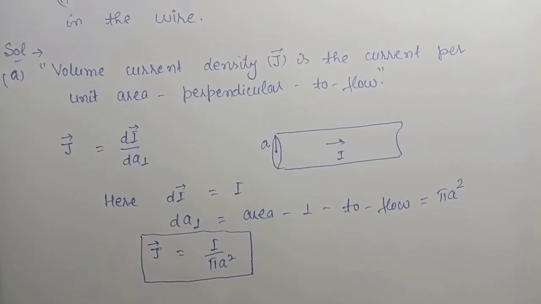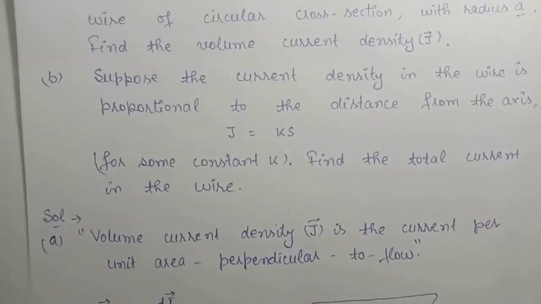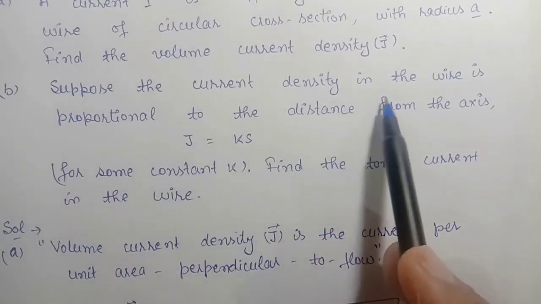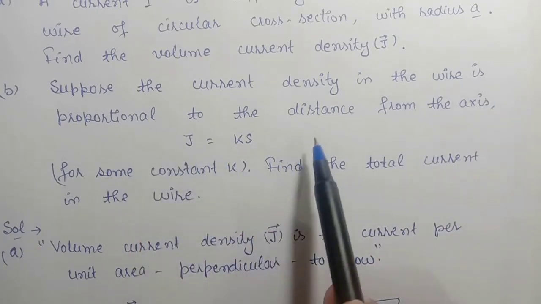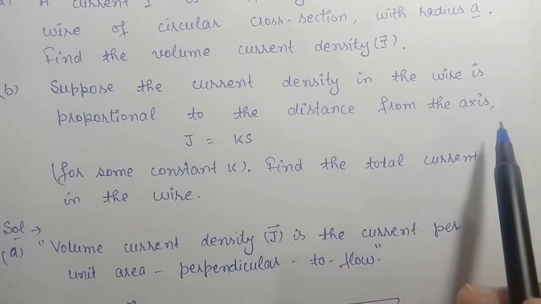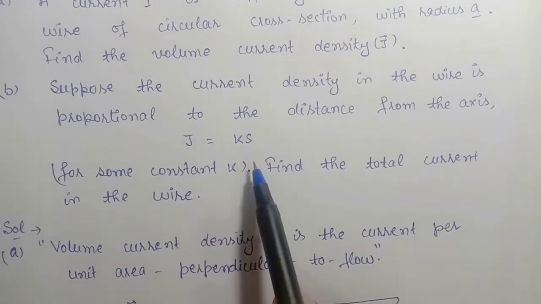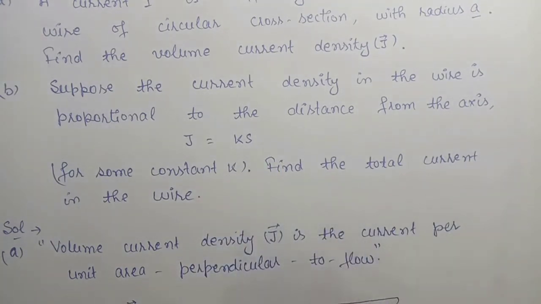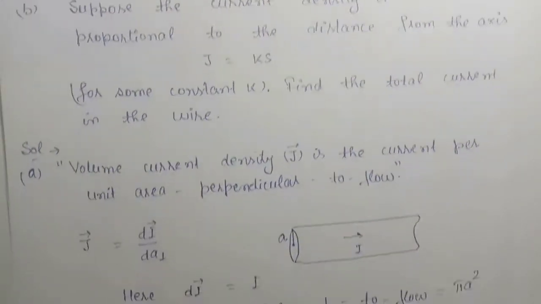Now in the second case, the problem is: suppose the current density in the wire is proportional to the distance from the axis, J is equal to Ks, where K is a constant. Find the total current in the wire.